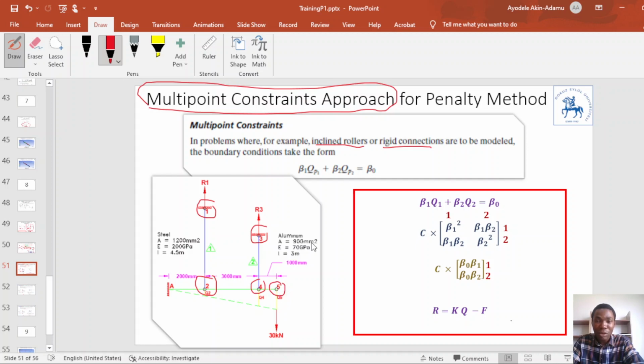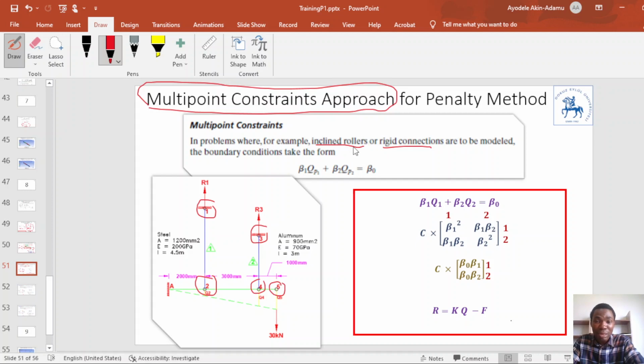So we use the multi-point constraint model to define problems where we have more than one displacement boundary condition. Here we have 3 displacement boundary conditions, so we need to apply this multi-point constraint model.